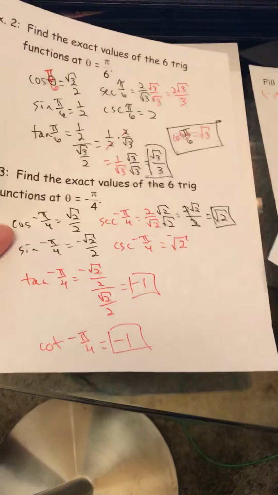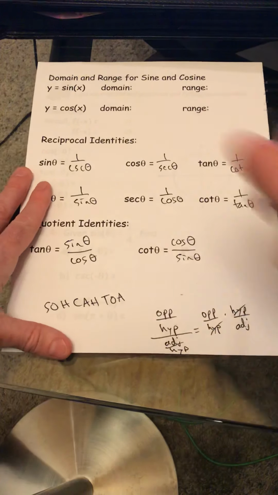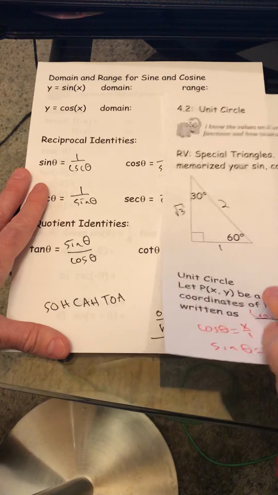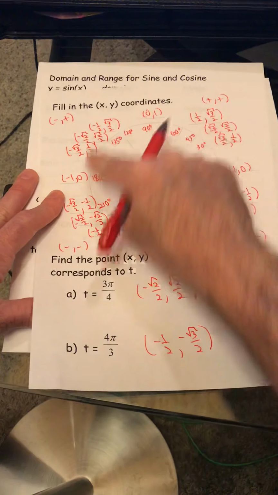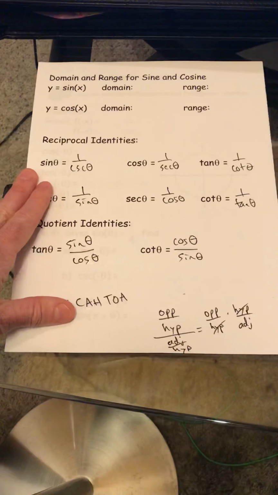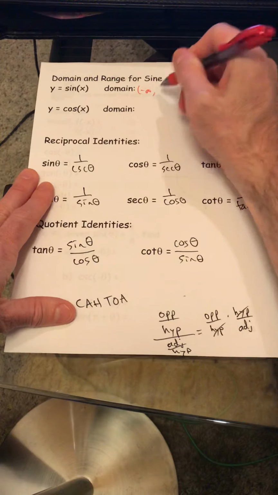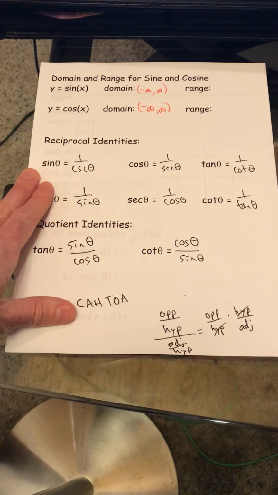And then the only other thing that we will include here in this last set of notes, domain and range for sine and cosine. Well, again, because you can go around the circle forever, either positively or negatively, the domain for both sine and cosine are negative to positive infinity.